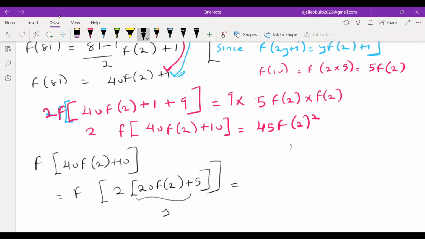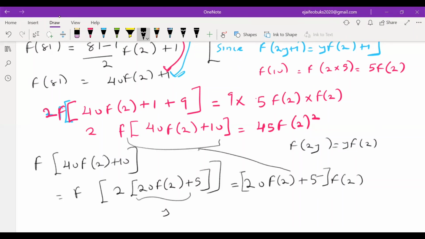We said we had f of 2y equals y f of 2. So this becomes our y. So this is 20 f of 2 plus 5 times f of 2. So all this is equal to this.